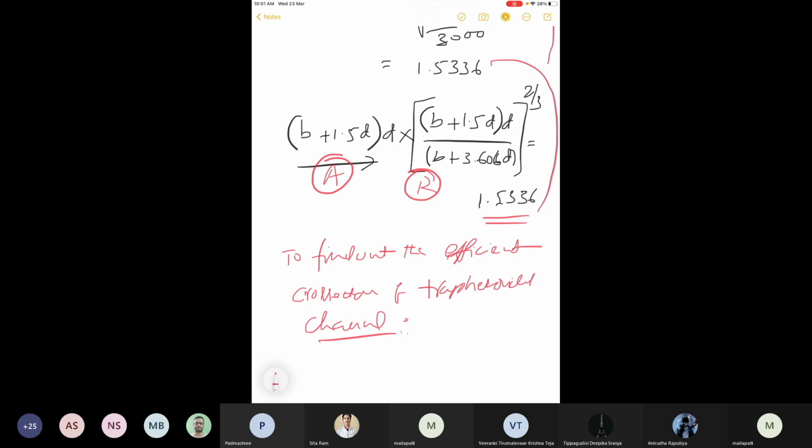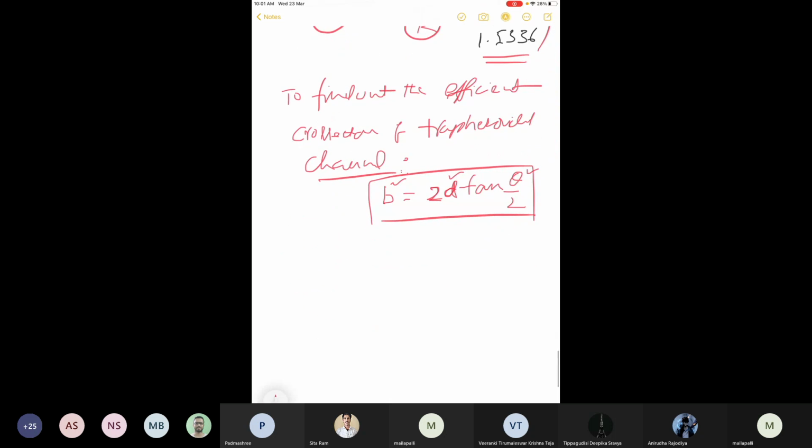I'm not going to derive it, but the rule for efficient section is B is equal to 2D tan theta by 2. There is a derivation for how to find this efficient cross section, the relation between B and D, if you have theta, the channel slope. We are going to use this equation for finding the efficient cross section. The only thing here is we have to find what theta is.